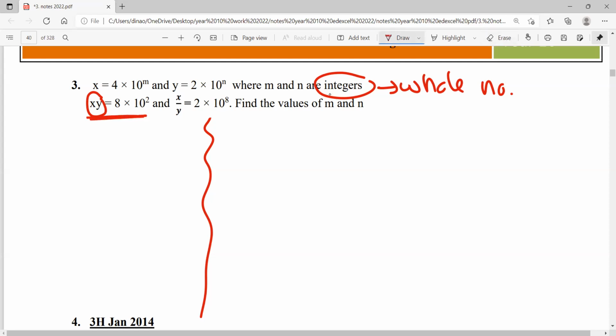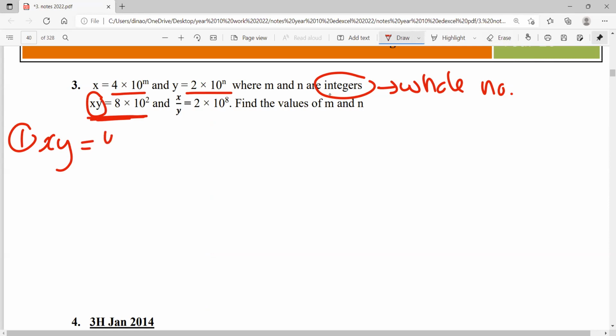So I'm going to work on the left hand side first. xy means x times y. So 4 times 10 to the power of m, this is the x, multiplied by y, which is 2 times 10 to the power of n.